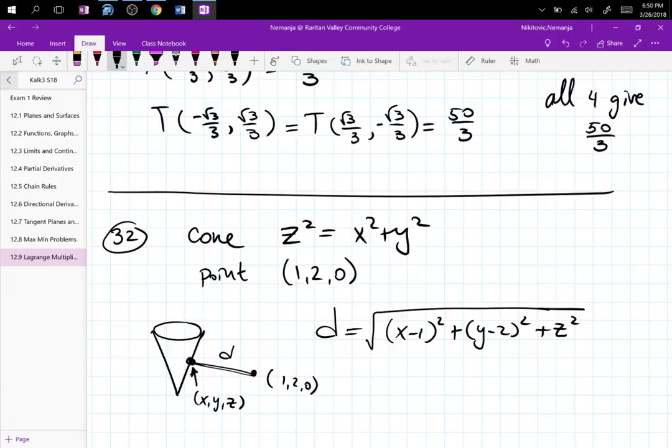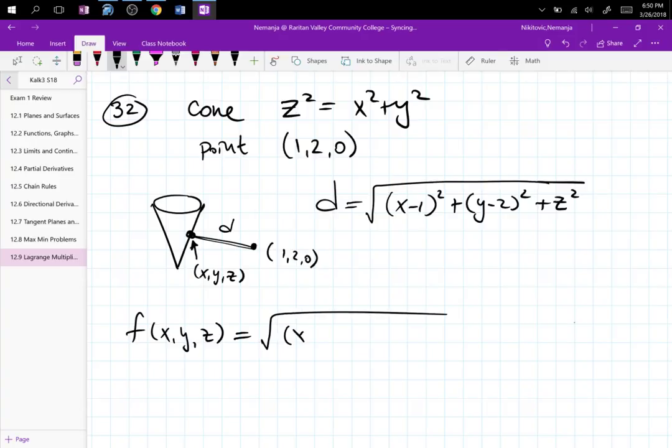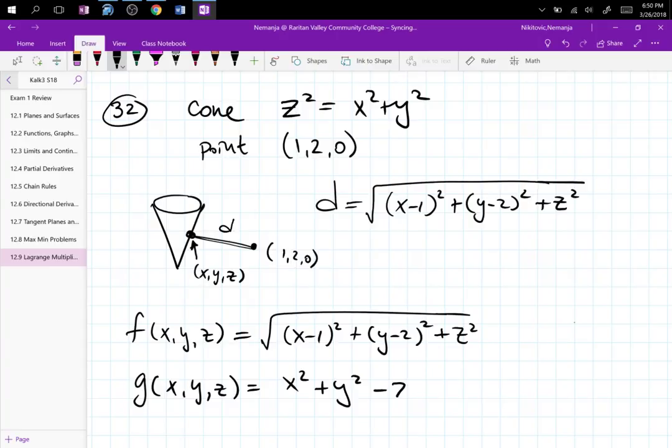Now you want to minimize this distance, which makes D your objective function. So that's your f, and you have your g with the cone. Translating this into the language we are used to, we have f of x, y, z, and then g of x, y, z equal to x squared plus y squared minus z squared, everything equal to 0. That's your constraint.